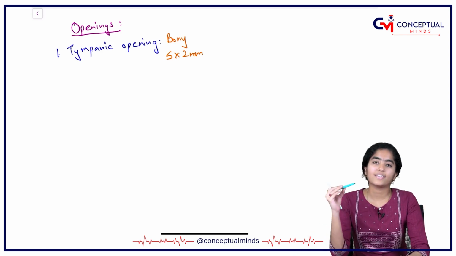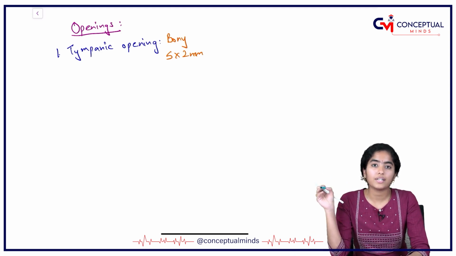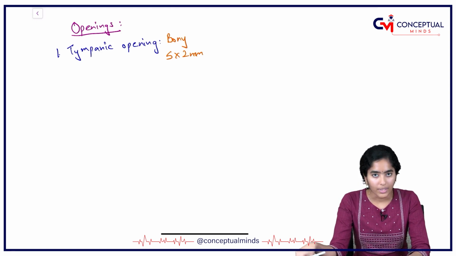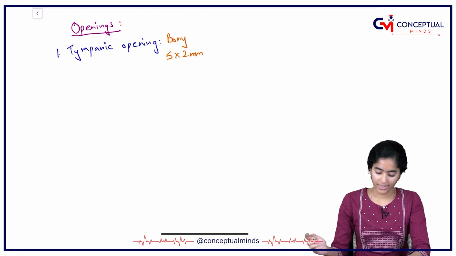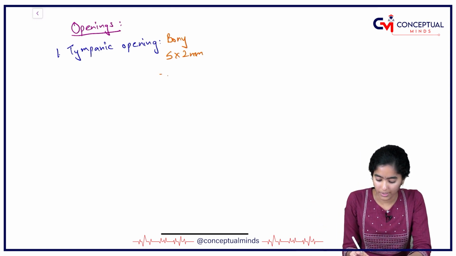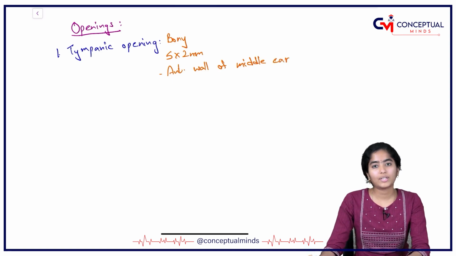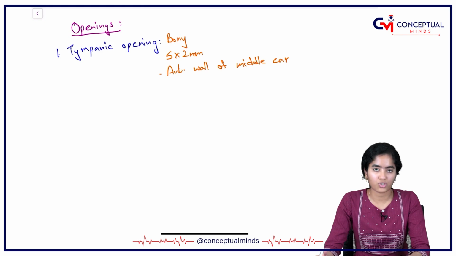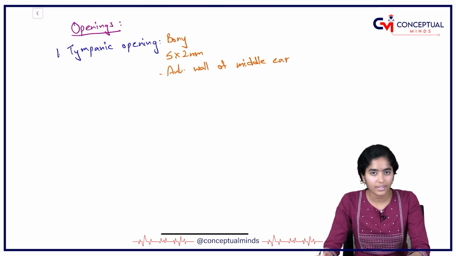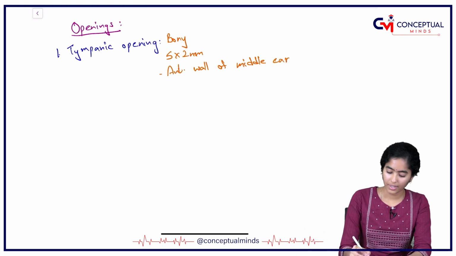And where is the Eustachian tube opening in the middle ear? It is opening on the anterior wall. Yes, correct. It is opening on the anterior wall of middle ear. The Eustachian tube opening is one of the important structures that are present on the anterior wall of middle ear.